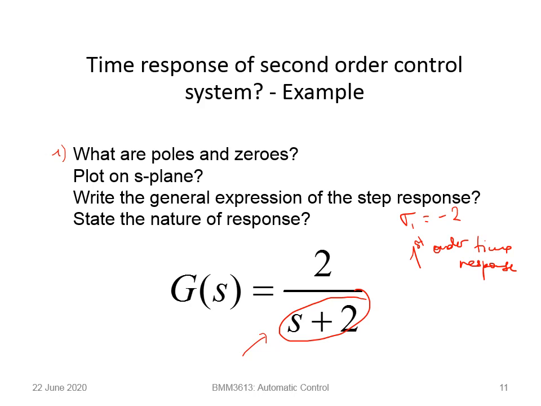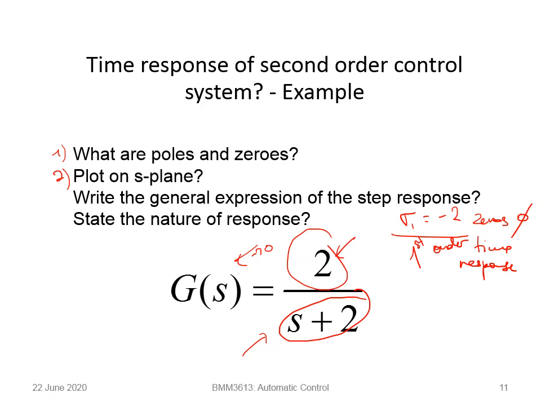The pole is minus 2. What are the zeros? Do we have any zeros here? Zeros are the values of s that turn the transfer function to 0. So there are no zeros at all. Second question: let's plot the poles and zeros on the s-plane.